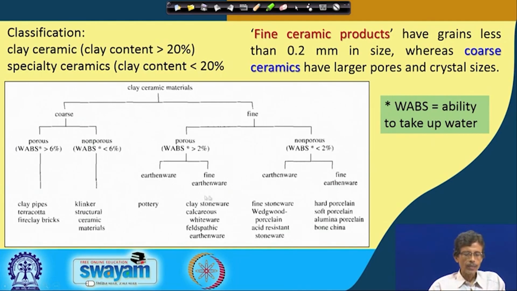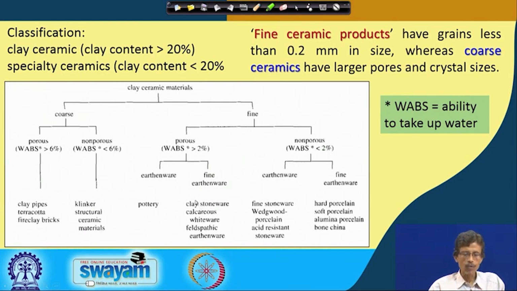Fine earthenware is the more sophisticated one, but the typical earthenware, the corresponding industry is the pottery industry. The clay based pottery industries are very huge industries. We all know that most of the time we use pottery material. So, the earthenware we use is pottery material.